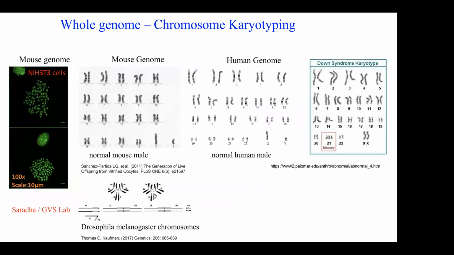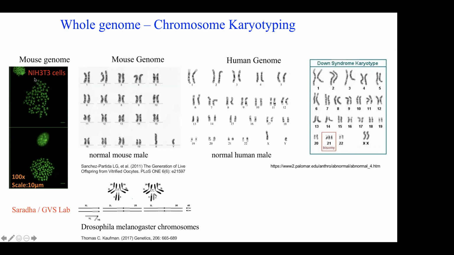Then next we'll move from the cell to the nucleus. When you go to the genome or the nucleus, here I show a few examples like the mouse genome, human genome, as well as Drosophila. If you see, mouse has the normal 19 autosomes, 1 X and Y, but this is a normal mouse male chromosome number.